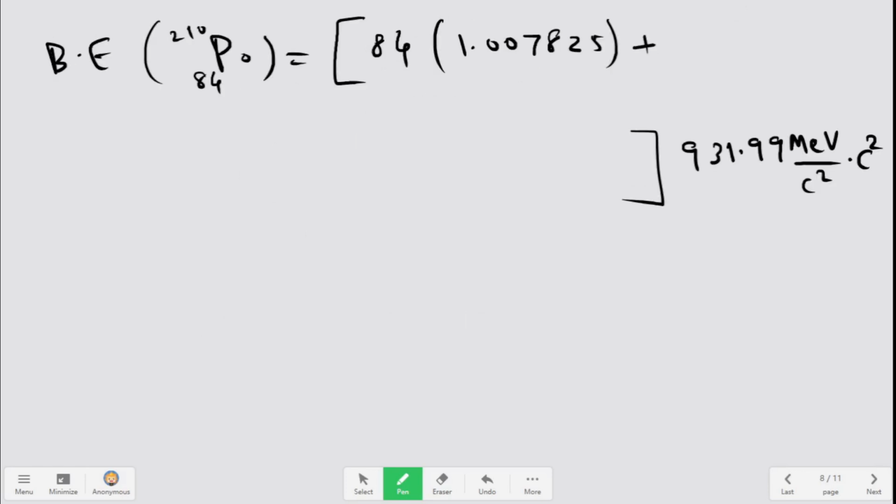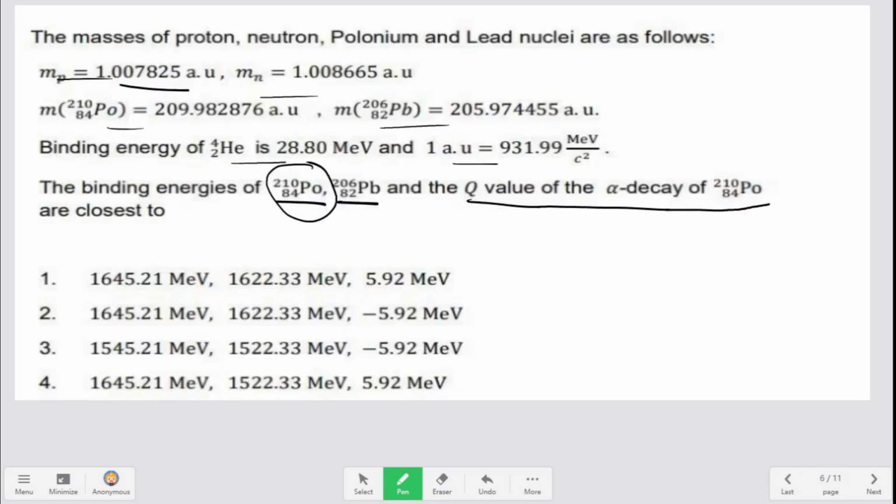And then we have A minus Z, which is 210 minus 84, times mass of neutron, which is 1.008665 atomic units.